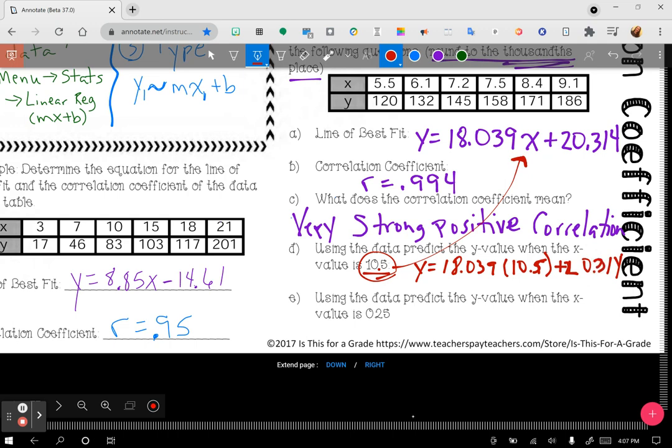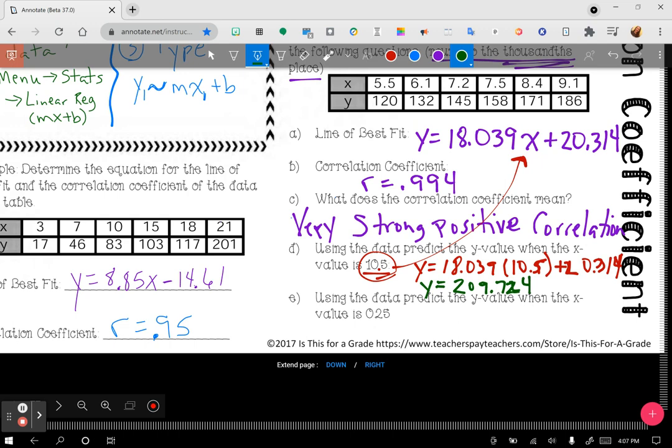When I put that in my calculator, I get the answer 209.724. So y equals 209.724. I'm sorry that my pen does not want to work, guys.